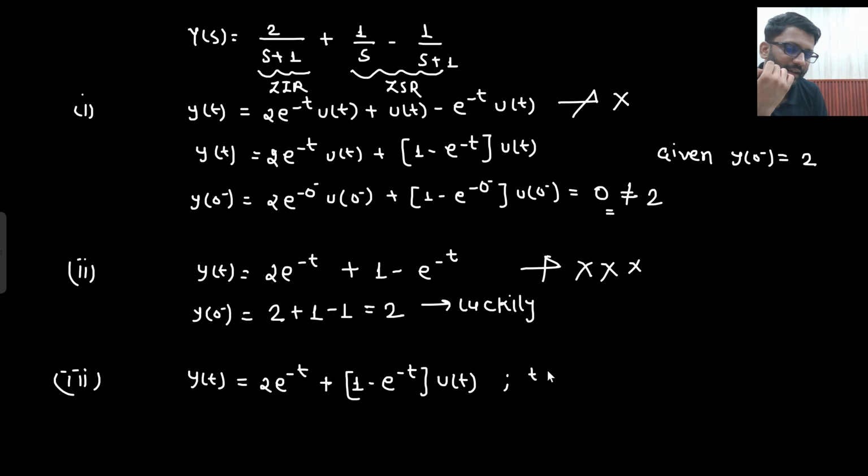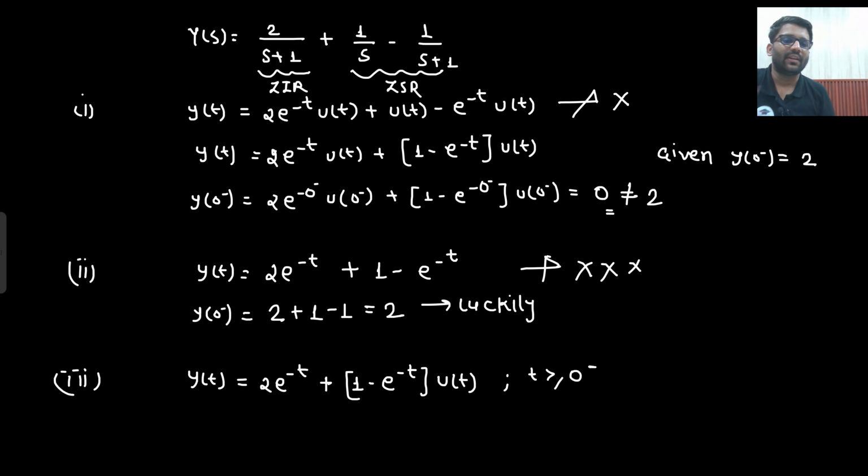Along with that, I will put a condition that t should be greater than or equal to 0 minus. Mark this thing, t greater than or equal to 0 minus. If I am writing down u(t), that means 0 minus is not into action. Here I am not writing down u(t), that means 0 minus is into action. And here I am putting t greater than or equal to 0 minus, that means this 2 e to the power minus t is there at t equals 0 minus only.